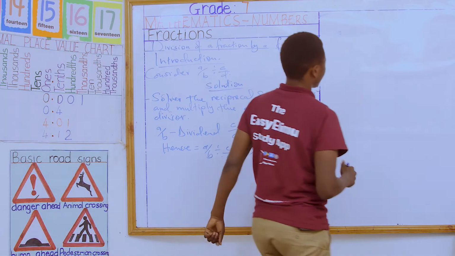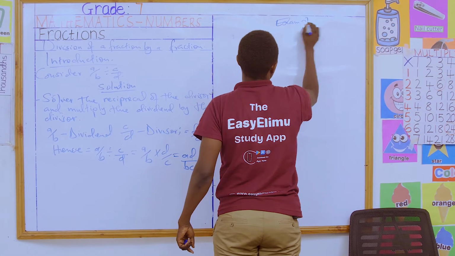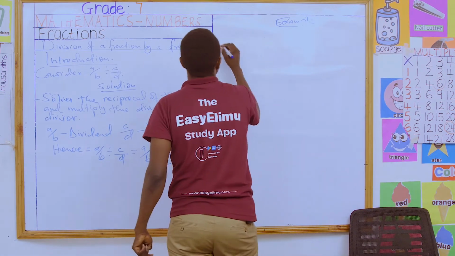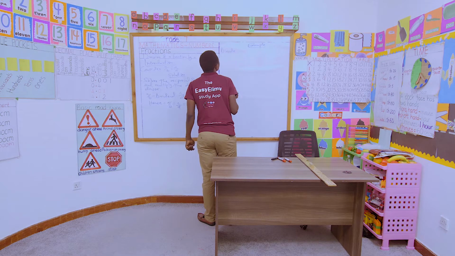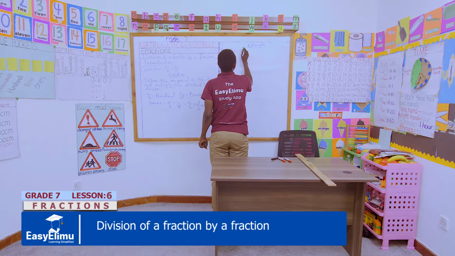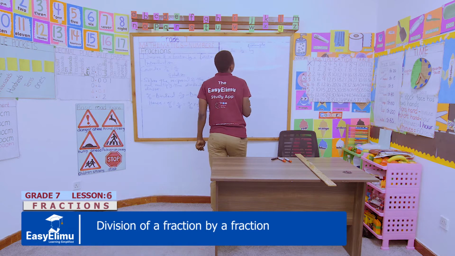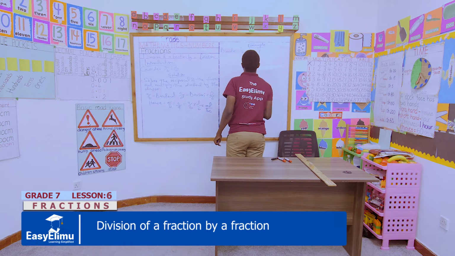Let us now look at another example whereby we now have to work with actual numbers. Divide 1/2 by 1/9.